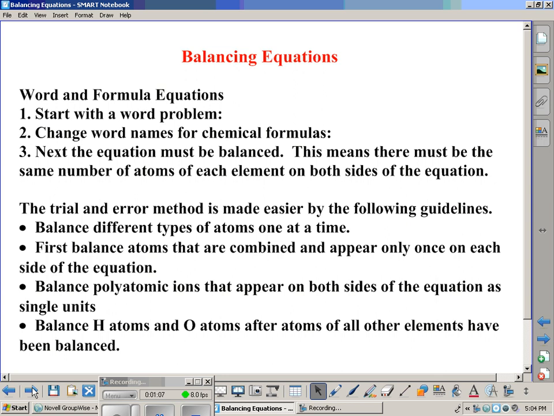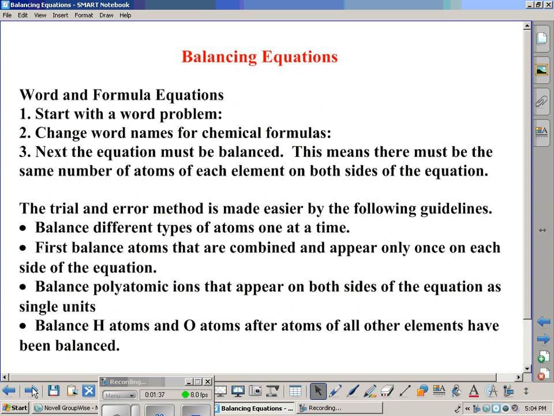This means there must be the same number of atoms of each element, or all the elements, on both sides of the equation. There is a trial and error method that makes things easier, and you can follow these guidelines. Balance different types of atoms one at a time. First, balance atoms that are combined and appear only once on each side of the equation. Next, balance polyatomic ions that appear on both sides of the equation as single units.